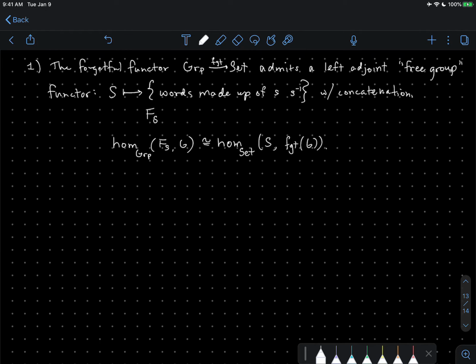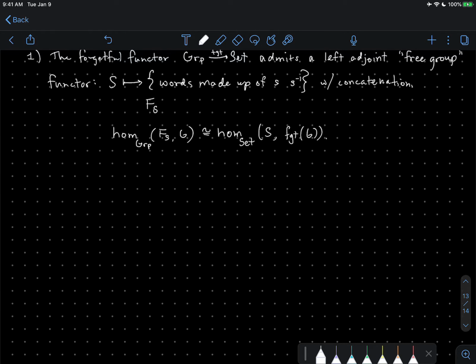There are a whole host of free-forget adjunctions. In some cases, they're a little bit simpler. The free abelian group functor on a set, for instance, is a lot simpler than the free group. All right, number 2.